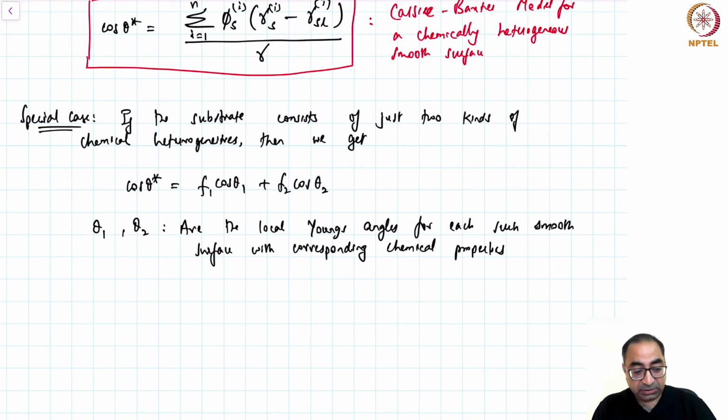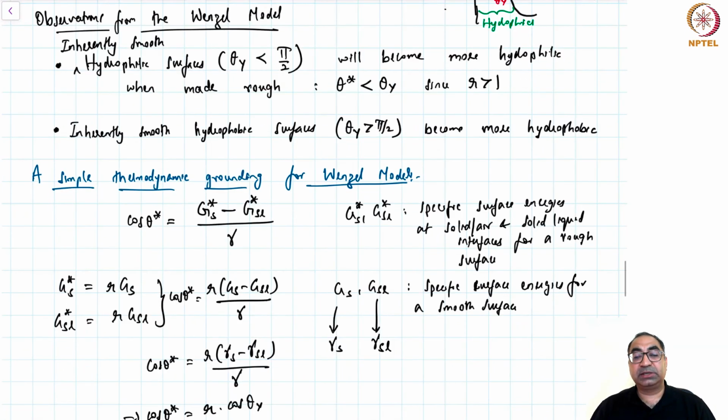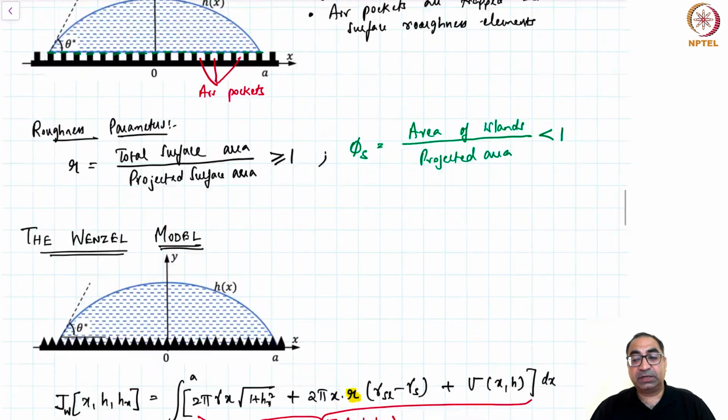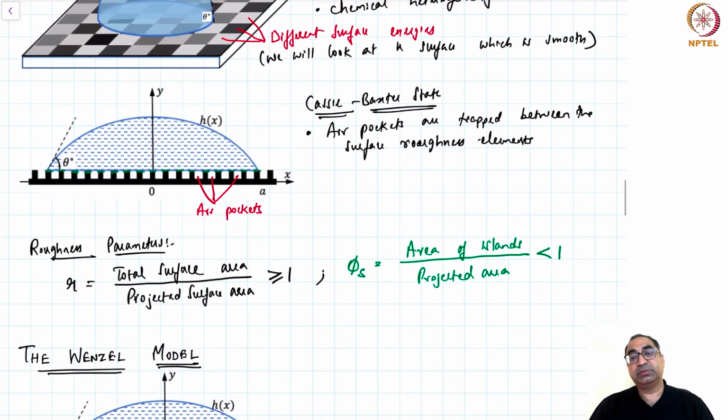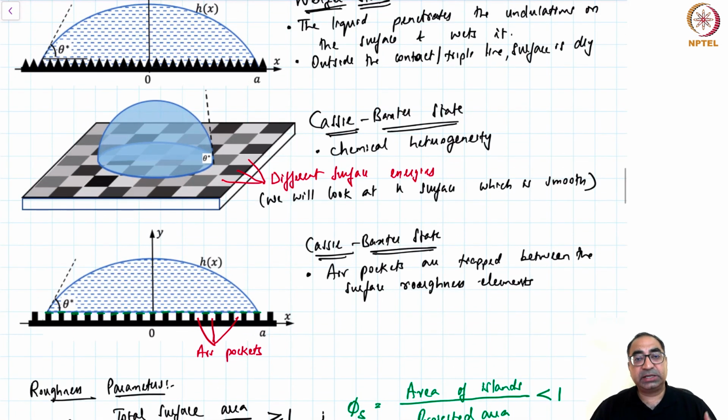Okay. Now, keeping the time in mind, I will look at the other case, which is the Cassie-Baxter case, where we have tiny air pockets, in the next lecture. Another thing that we may be interested in knowing is, are there simple criteria that we can come up with to find out when the droplet can go from one case to another case? This can happen for a variety of reasons.